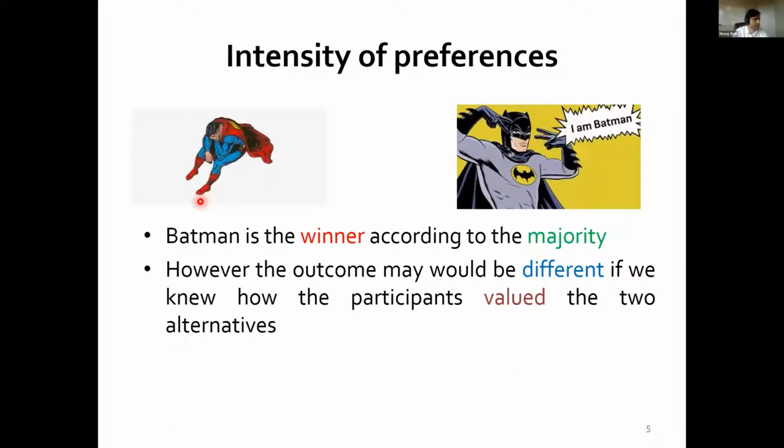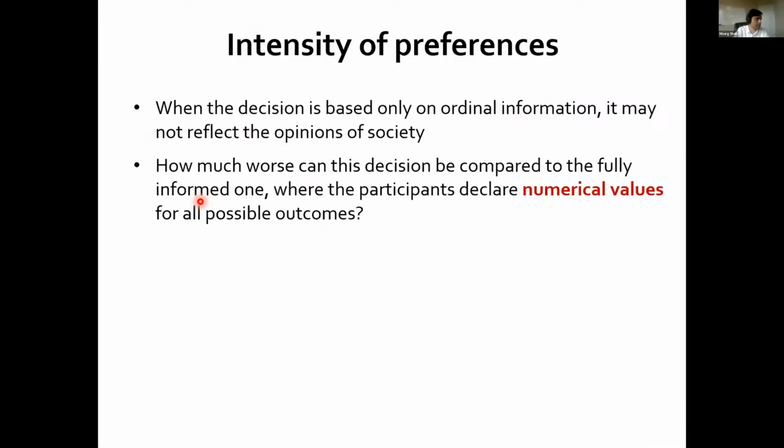This example showcases that if we actually knew how the participants value the two different alternatives, maybe we would have decided differently. So the idea is that if we only have ordinal information, then our decision making doesn't reflect the opinions of everybody.